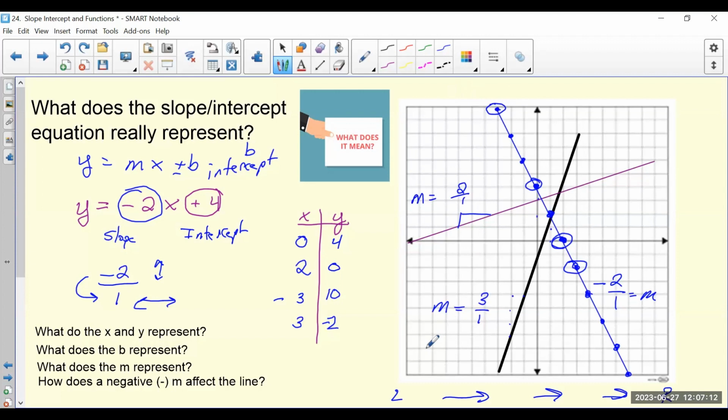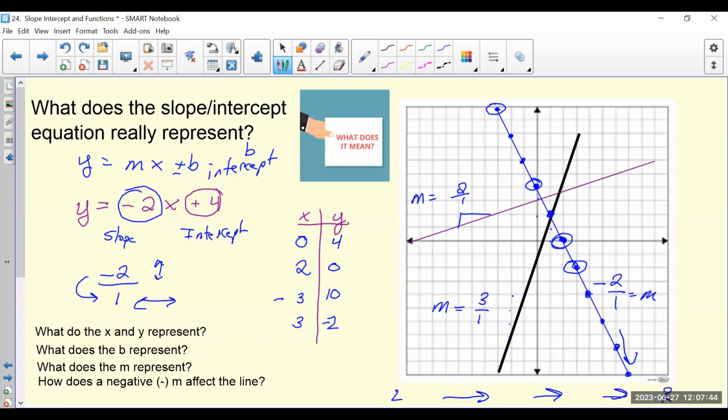However, our third line, as you go from left to right, this line right here is going down, which is considered a negative direction. So down is negative, up is positive. Anytime you have a negative slope, your line from left to right is going to go down. Now, it might not be quite as extreme as this one. This one goes down pretty hard, but it's going to be going in a downward direction.